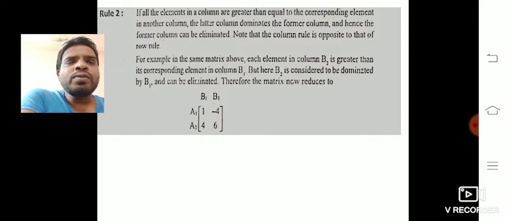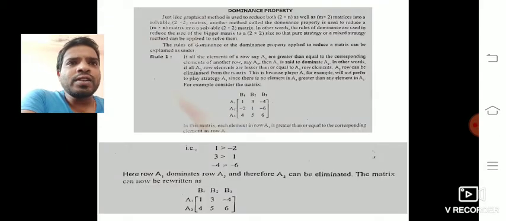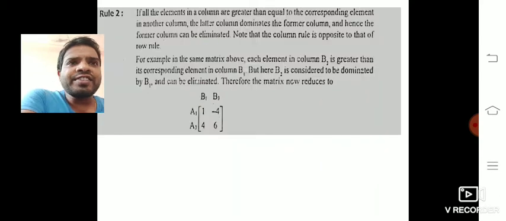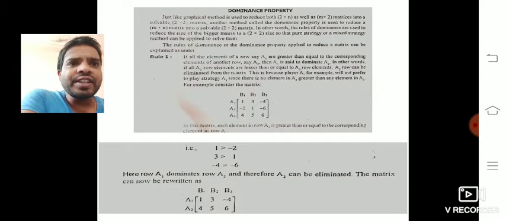When it comes to columns, it is vice versa. Here we have the columns B1, B2, B3. Please check it: the B1 column elements are lesser than or equal to B2, so the B2 column dominates B1.